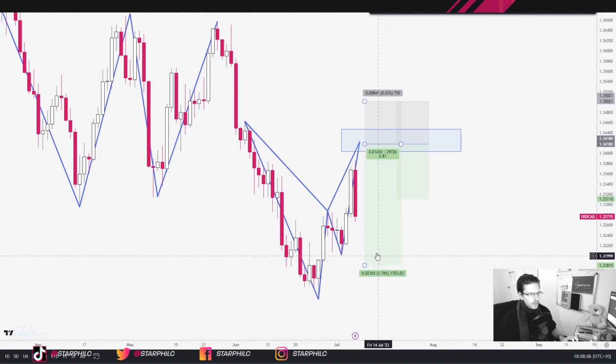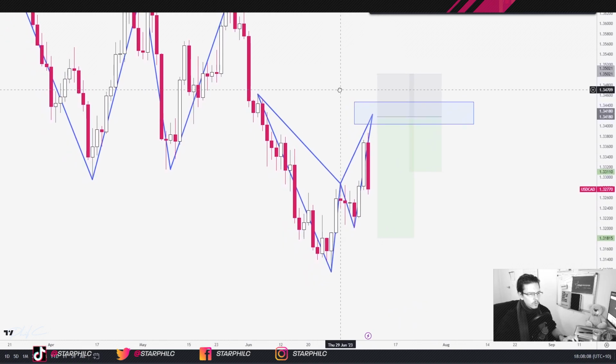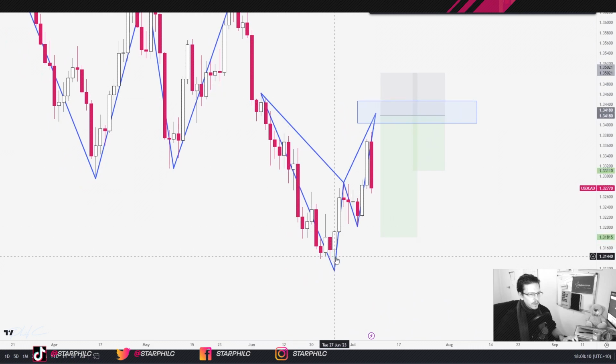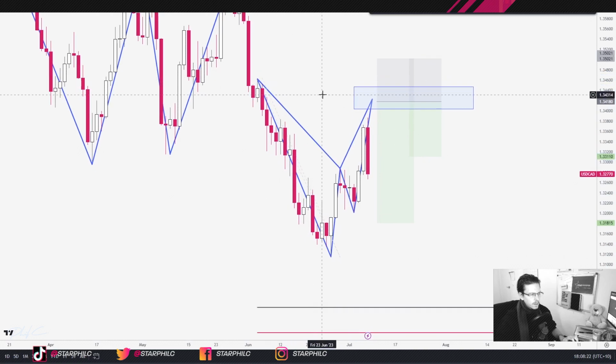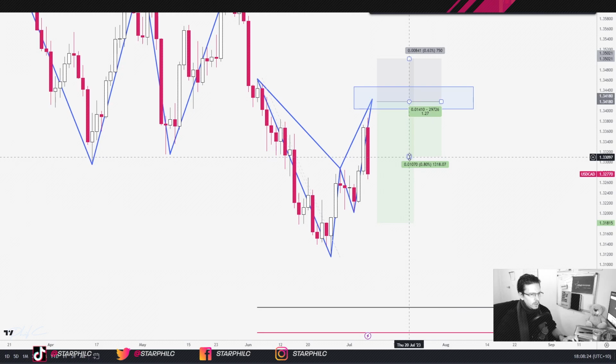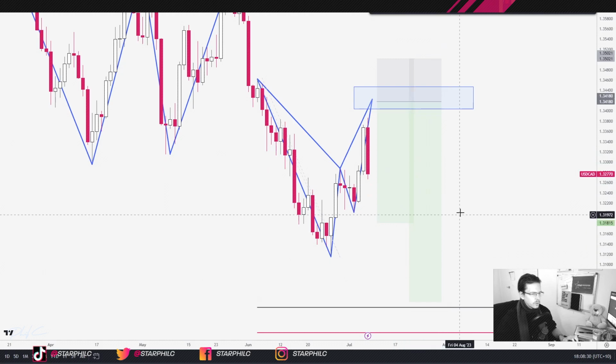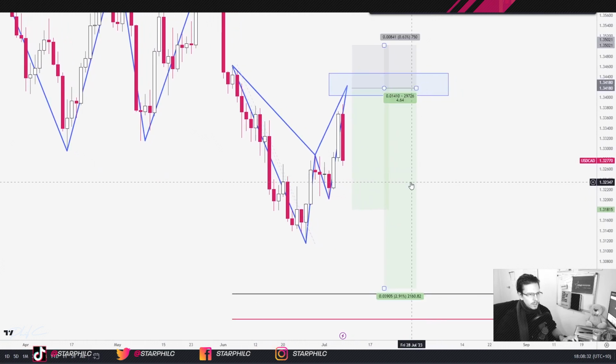So target 1 is down here. Where is target 2? Well, let's take our swing high and our swing low, and we'll go for the Fibonacci extension tool. Swing high all the way down to swing low, back up in. And now we're looking for target 2 all the way down into the 127 Fibonacci extension.